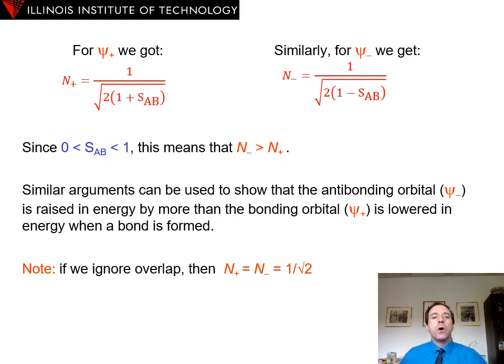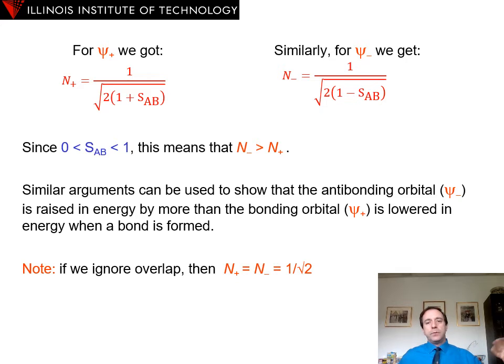Okay, so what we can see is we got on the last slide for the bonding orbital psi plus that 1 over 2 times the quantity 1 plus S sub AB, square rooted.